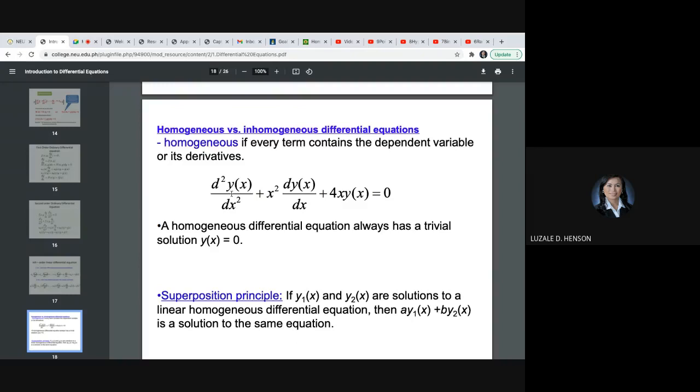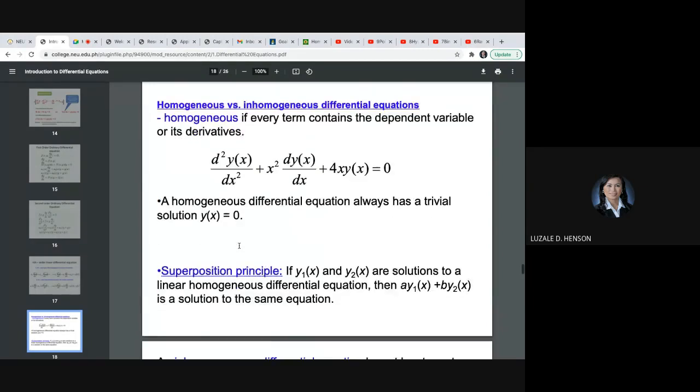May derivative of y tayo dyan. Tapos ito, may derivative of y ulit. Kasi nakalagay dito, it contains dependent variable or, so either, no? Or its derivative. First term, may dependent variable. Second term, may dependent variable. And the third term, mayroon tayong dependent variable. So it's called homogeneous class kasi every term. So sa left naman, zero naman yan eh. Homogeneous differential equation always has a trivial solution na y in terms of x equals 0.